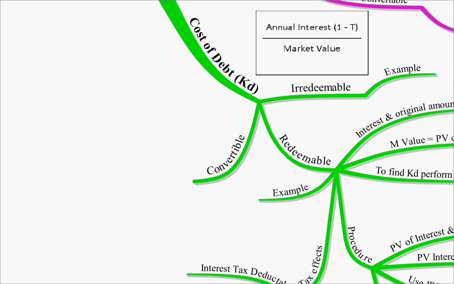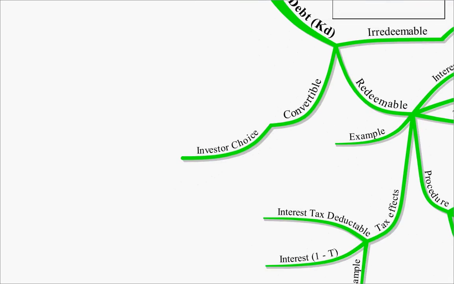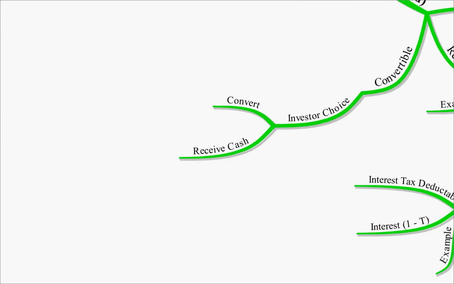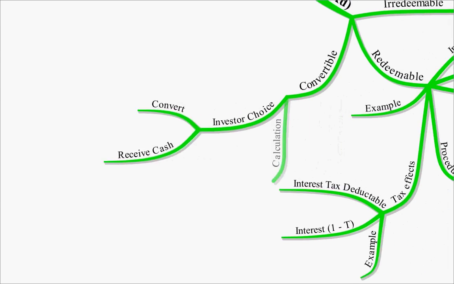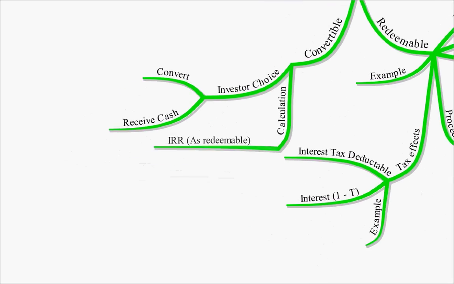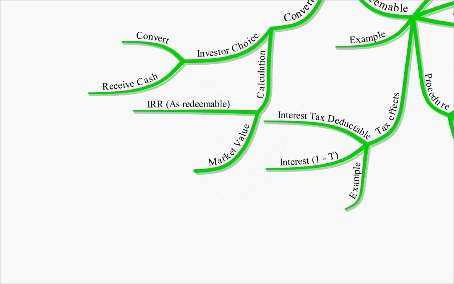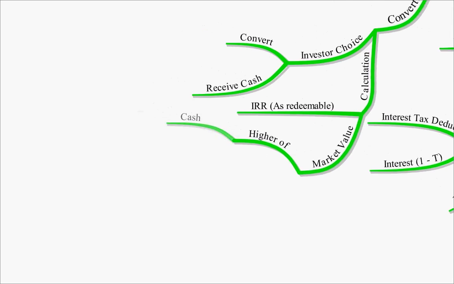So, what about convertible debt then? Well, remember that investors will have the choice at the end of the period. They can either convert it into equity or they can receive the cash amount. So the calculation will be the same as the internal rate of return for redeemable, but instead of using the value of the cash being paid back, we will have a choice to make, and we will pay either the higher of the cash or the conversion value.